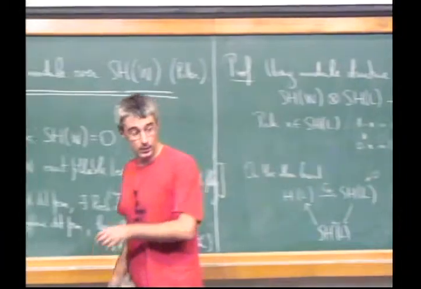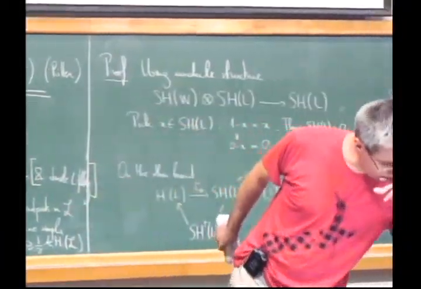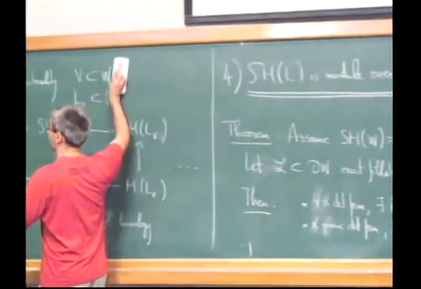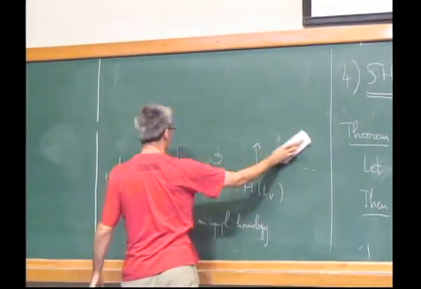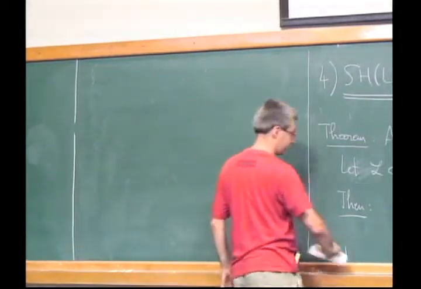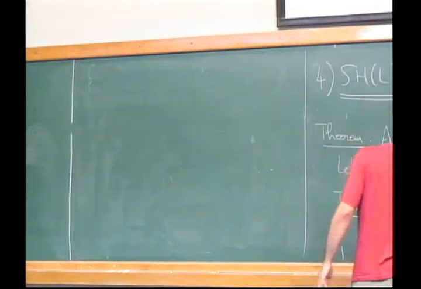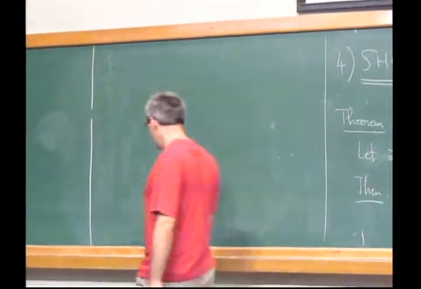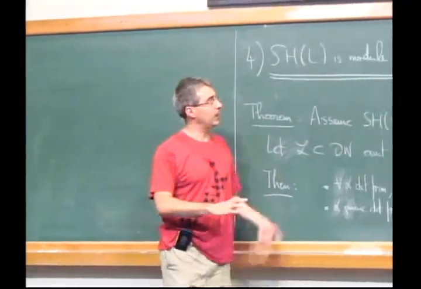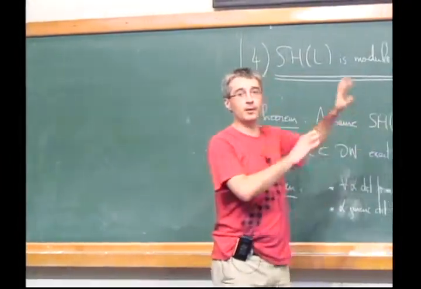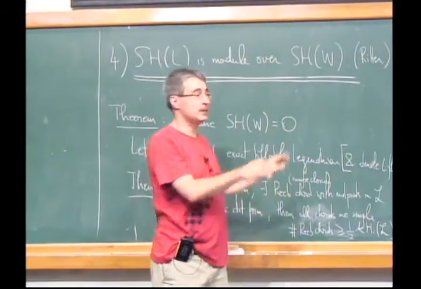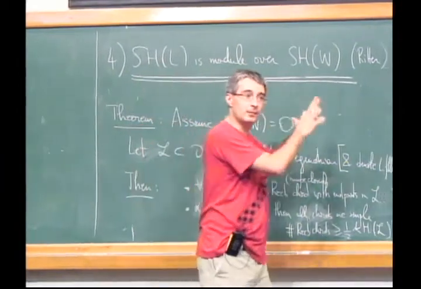All right, so let's talk about the product and about the module structure. I think it fits very well that Mihai talked about Floer homology both in the absolute and the Lagrangian setting, so he treated them in parallel, and the same thing happens for symplectic homology.